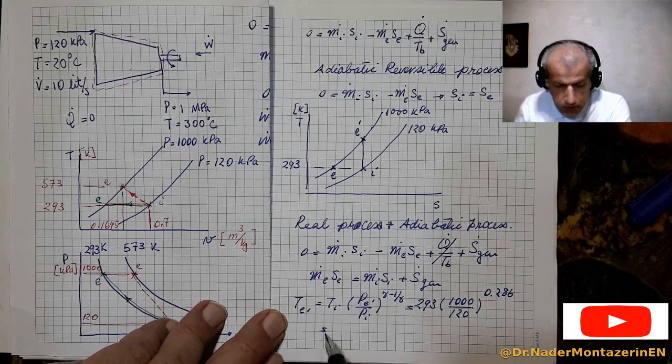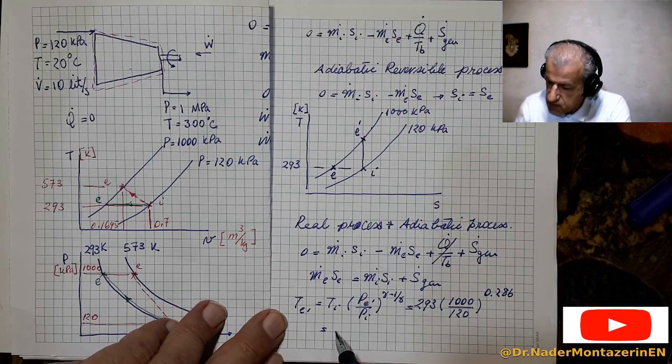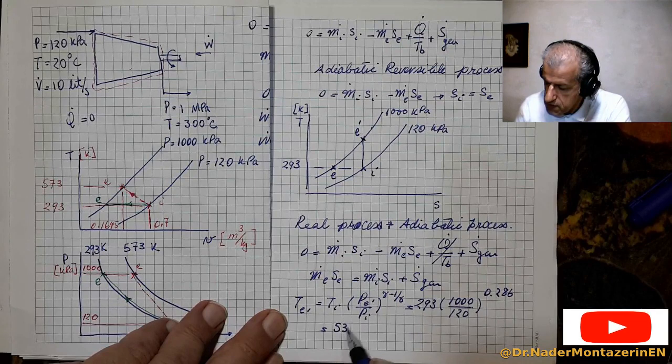And the outcome for T_e prime is 537.3 Kelvins.